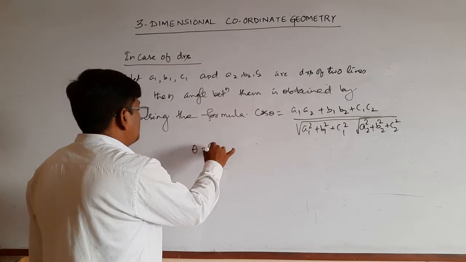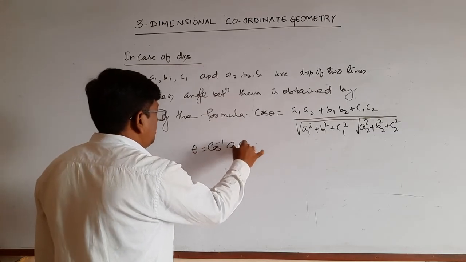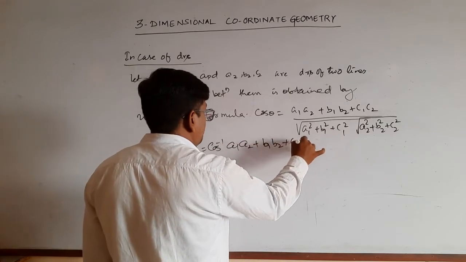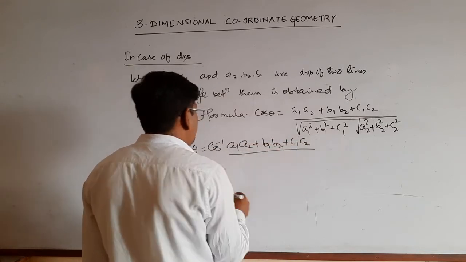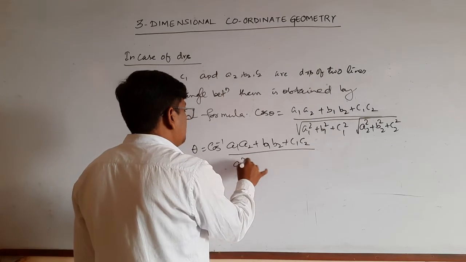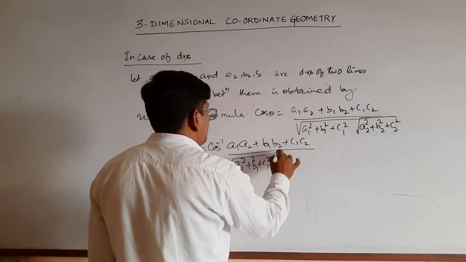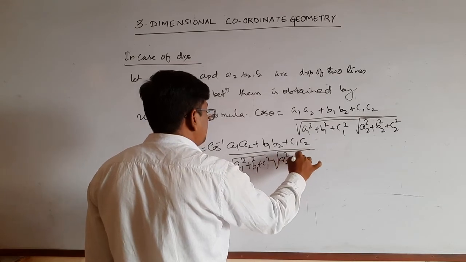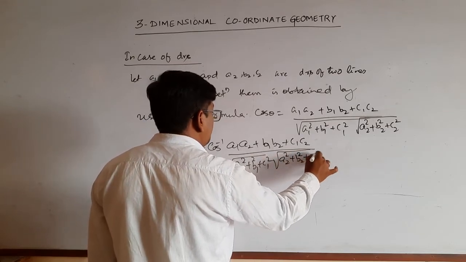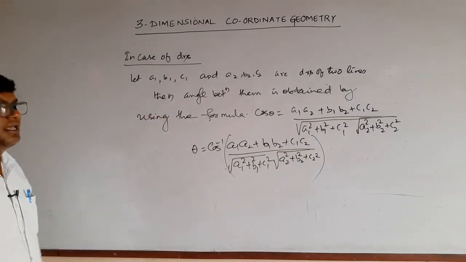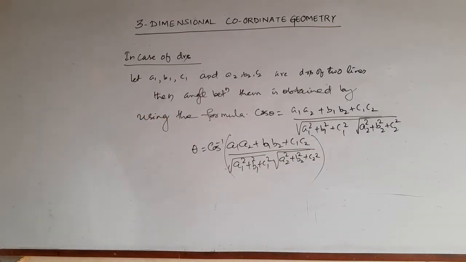So theta is equal to cos inverse of A1 A2 plus B1 B2 plus C1 C2 divided by root of A1 square plus B1 square plus C1 square into root of A2 square plus B2 square plus C2 square. This is the formula of the angle between two lines when DRs are given.